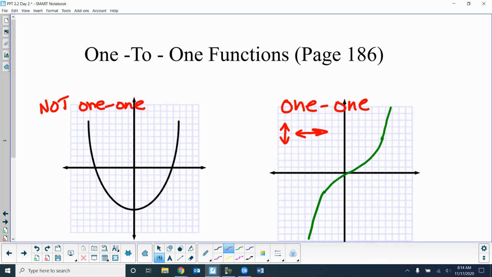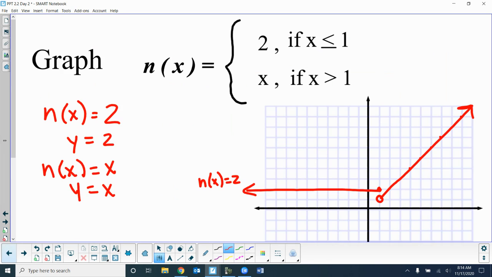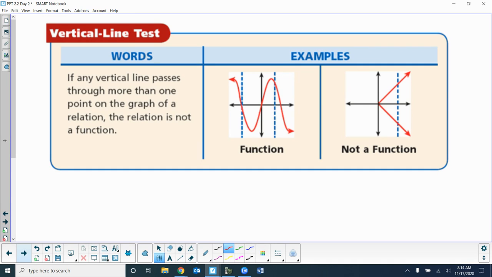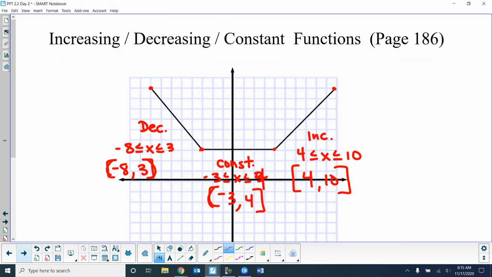So you can do some graphing today. You can use your calculator to help you. You might have to graph a piecewise function. Okay, like this one. They'll give you some pictures of graphs and they'll use the vertical line test if it's a function or not. Okay, like this one.